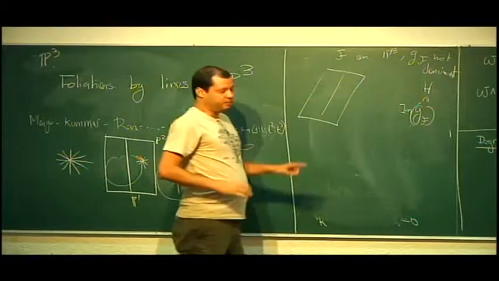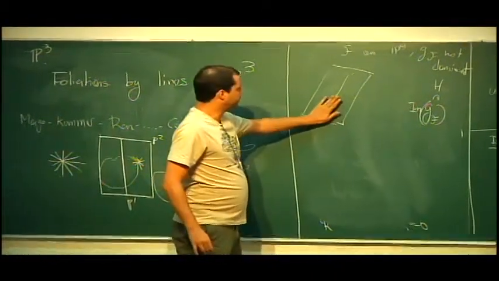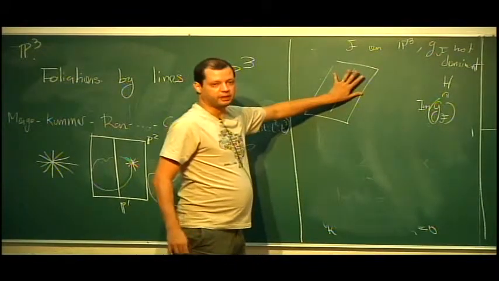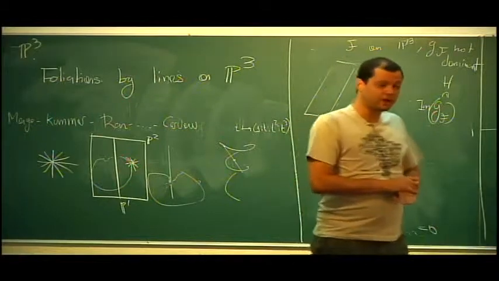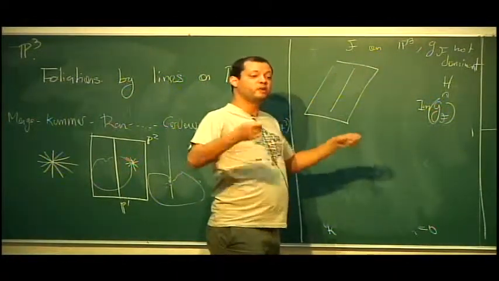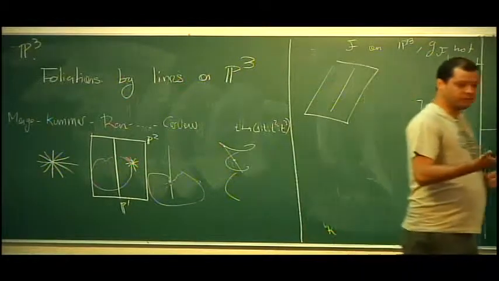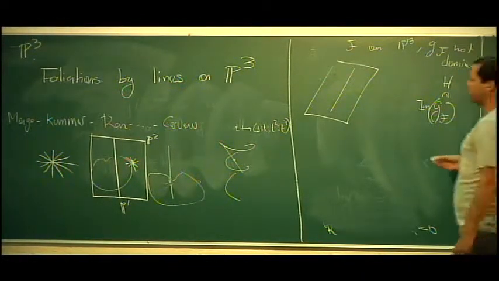But what does that mean? That means that my foliation along this line has the tangent plane coinciding with this hyperplane. So when I do the restriction, my one-form will acquire singularities along this line, which will make the degree drop, and will be a foliation of degree 0, which we know what it is.